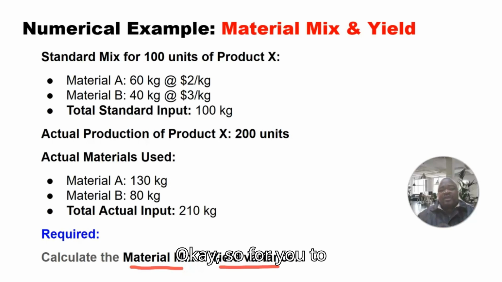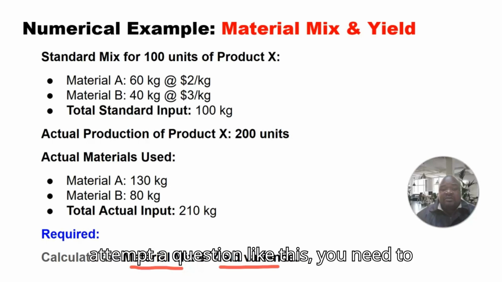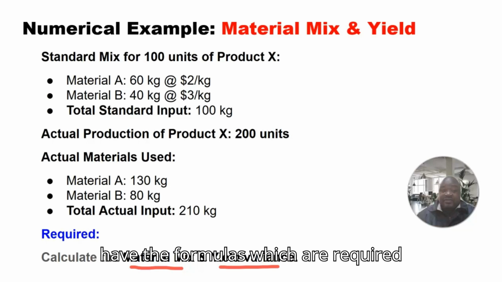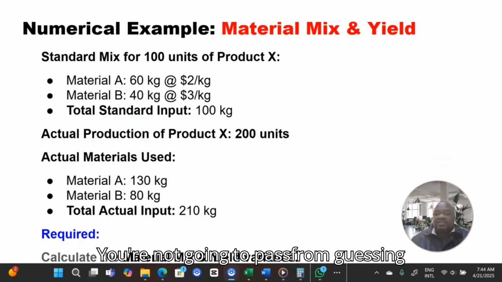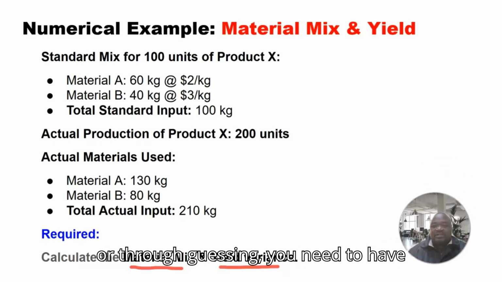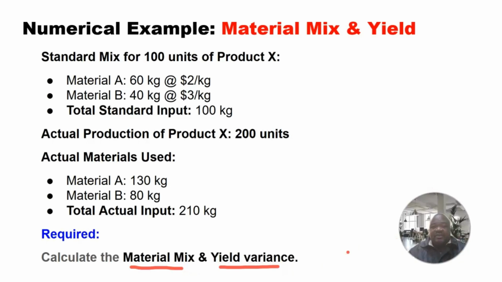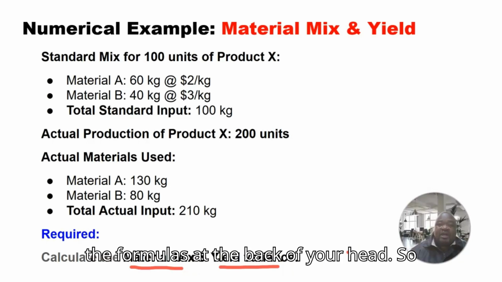So for you to attempt a question like this, you need to have the formulas required for the computation. All right, you're not going to pass through guessing. You need to have the formulas at the back of your head.